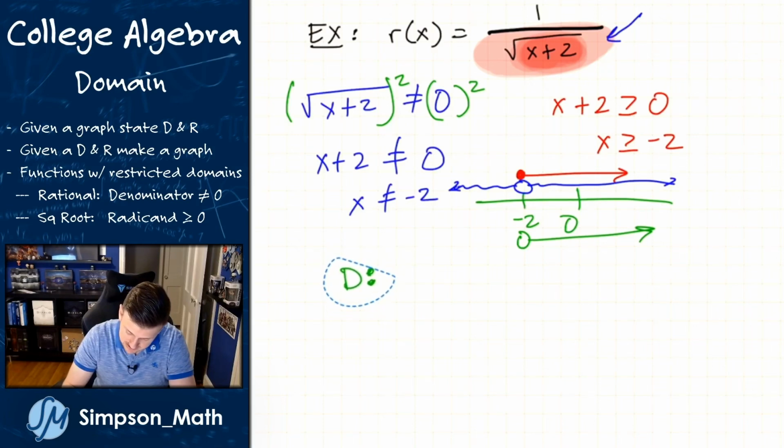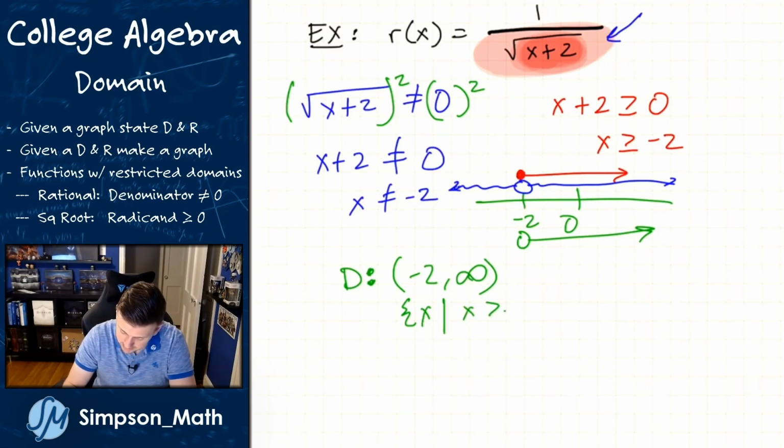So that is, in interval notation, parentheses -2 to infinity. Or for set notation, the set of x's such that x is greater than -2, but it does not have the equal to part. All right, so that's important about how to be able to smush those together.